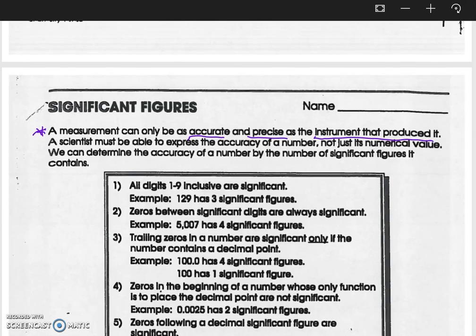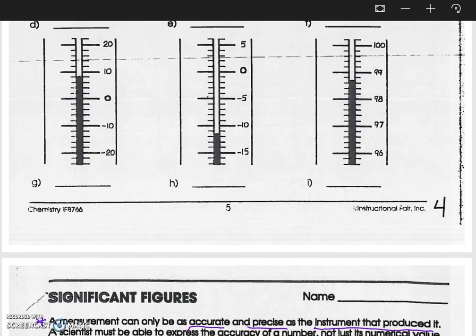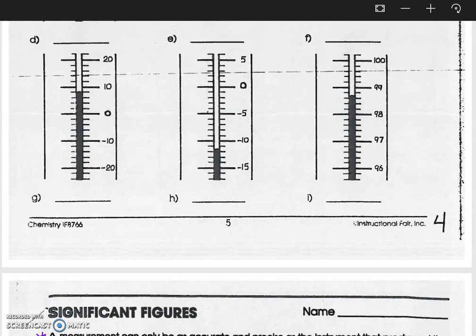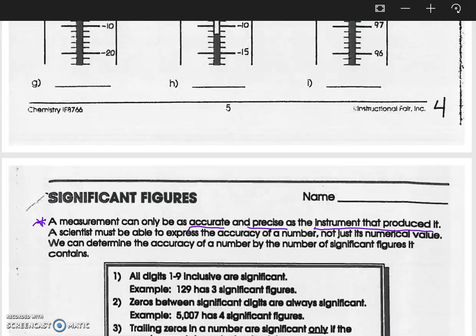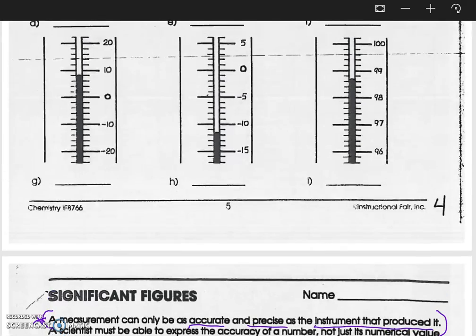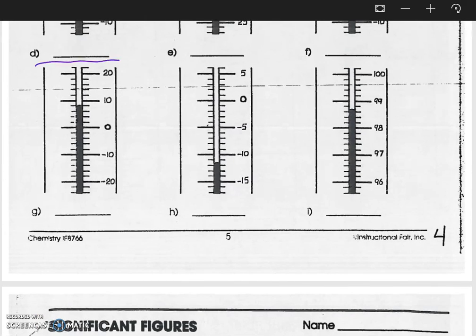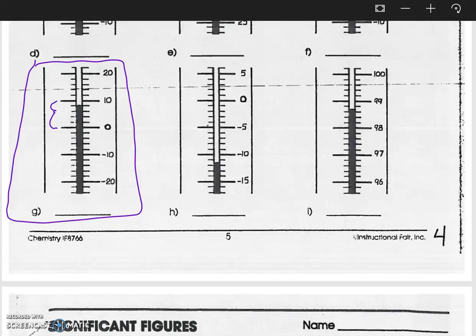So let's scroll up just a little bit and look at a couple of these thermometers and talk about what that means: a measurement can only be as accurate and precise as the instrument that produces it. So if we look at this thermometer right here and we were to determine what the temperature is, we would first need to decide what increments the measurements are being taken in.